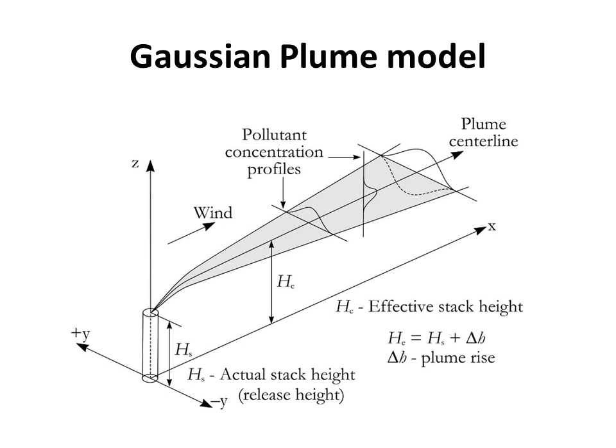HS represents the height of the actual stack, and delta H is the plume rise, the distance from the top of the stack to the plume center line, and the effective stack height is the sum of the actual stack height and the plume rise. That is, HE is equal to HS plus delta H.